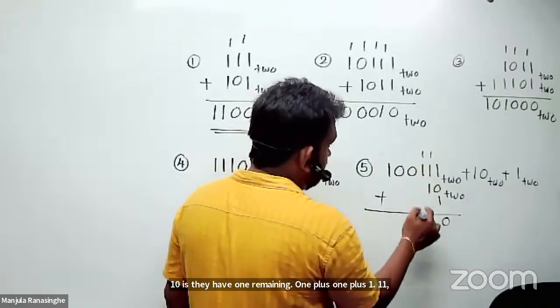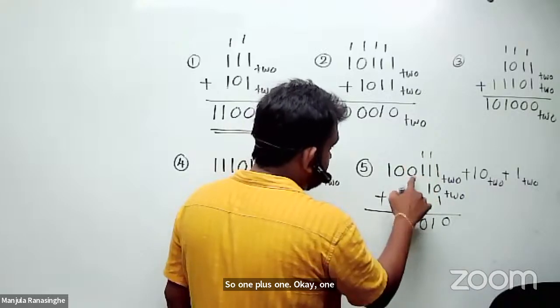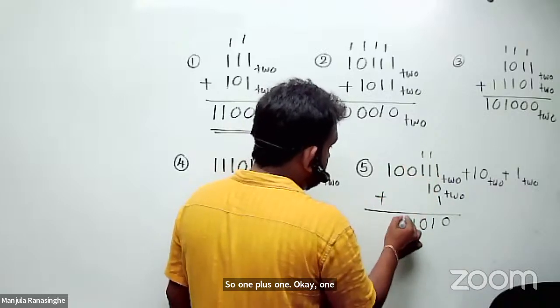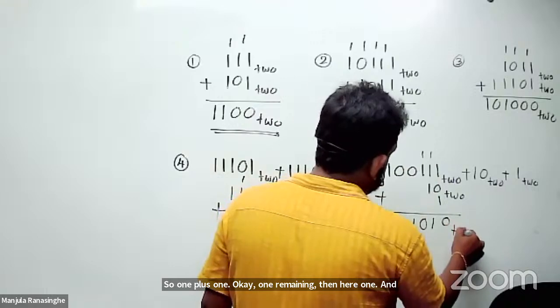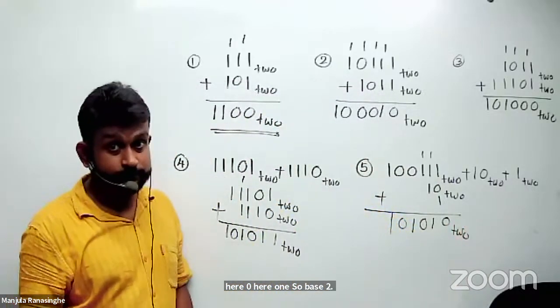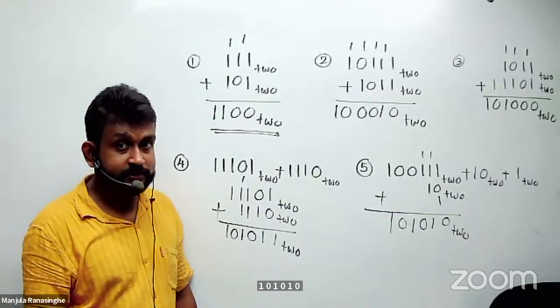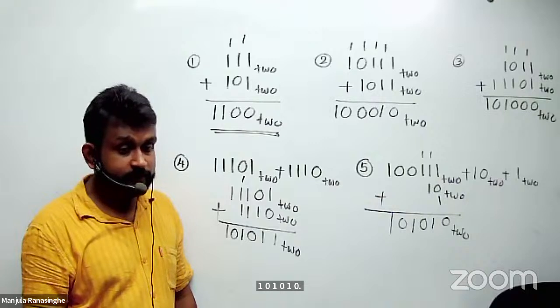So 1 plus 1 is 10. 1 remaining, then here 1, and here 0, here 1. So base 2, 101010. Right. Okay. Fine.